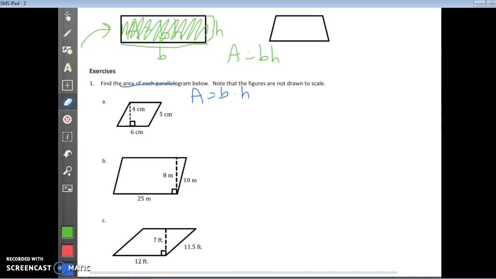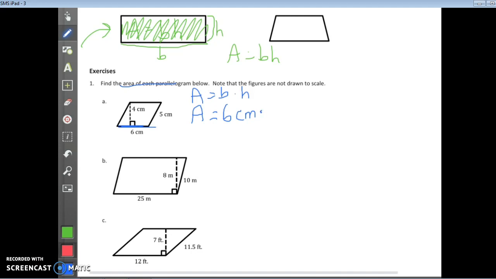My base is going to be this line down here, and we know that that's 6. We don't know the area yet, so we're going to keep A as the area equals 6 centimeters. Make sure you write down centimeters, because it's not just 6. It's actually 6 centimeters. Times the height.